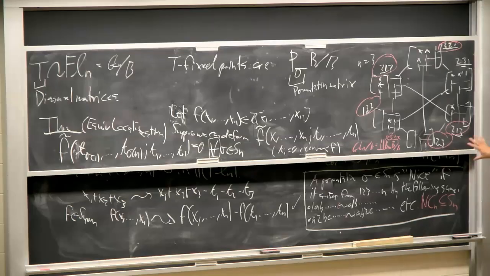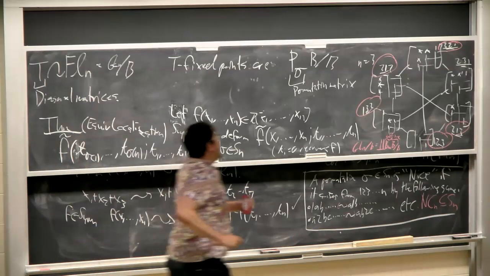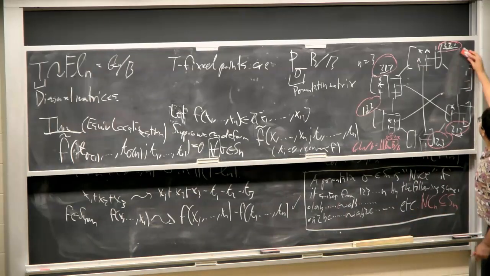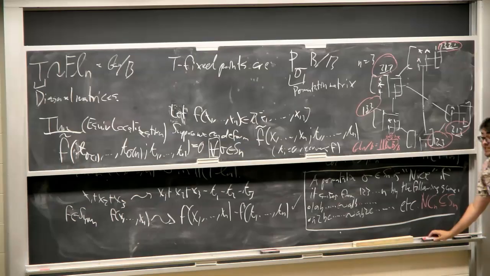Okay, so every point in the flag variety can be uniquely expressed like this. So in some sense, I've drawn the flag variety in this very nice hexagon-y way. And now I want to tell you what the quasi-symmetric flag variety is. The quasi-symmetric flag variety is going to be obtained by deleting all of the not nice permutations. So we're only going to keep the nice permutations. Now, what does it mean to delete the non-nice permutations?